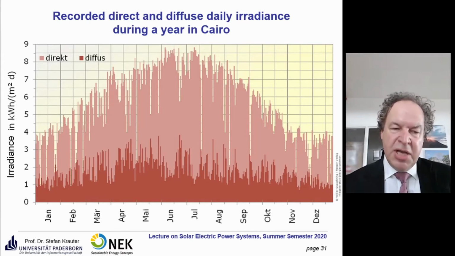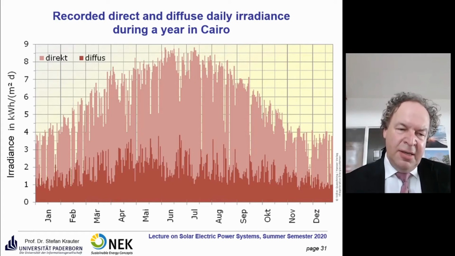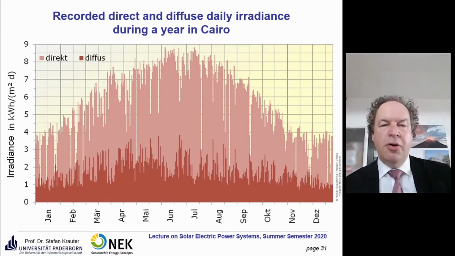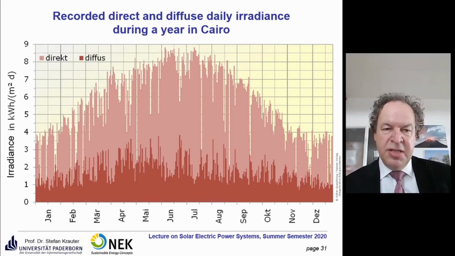The worst situation is in December and January, but we still have at best 4 kilowatt hours per square meter per day. If you take the worst day, maybe 1 or 2 kilowatt hours per square meter per day. You see that the diffuse irradiance part stays more or less the same over the year, and the direct part is most in summer, sure, and less in winter time.